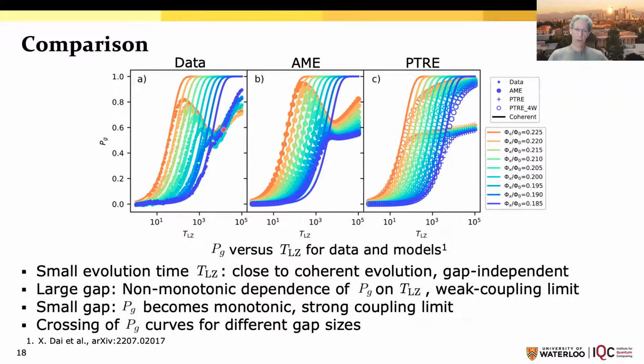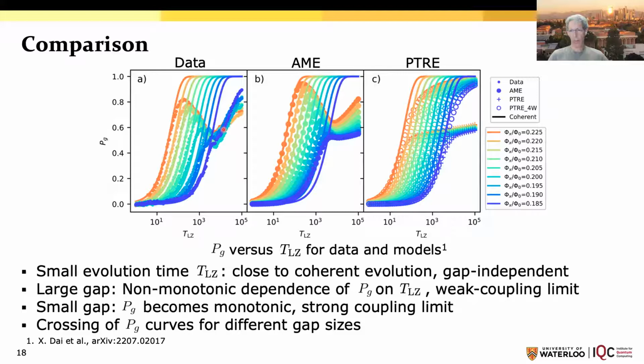Yeah. So just to summarize, it's not so much that we don't have a model that works well in the intermediate coupling regime. It's more that the AME does a good job for relatively short anneal times or Landau Zener times, but then it misses this feature of the inversion of the order of the curves at long Landau Zener times.